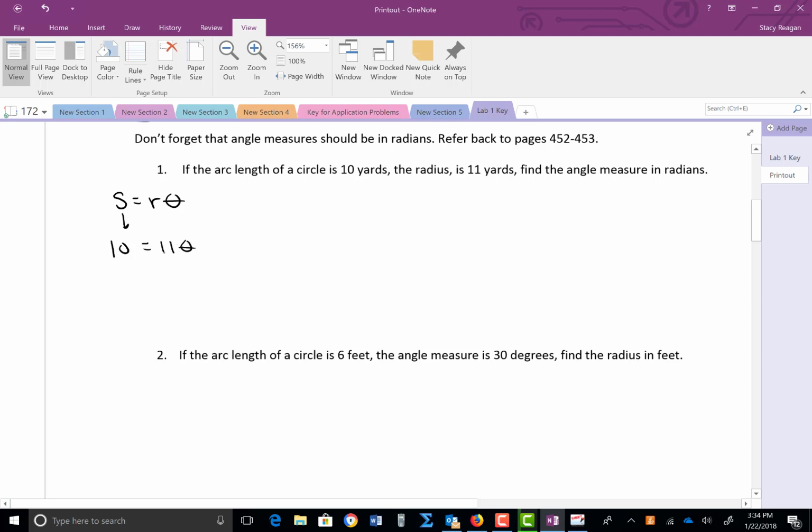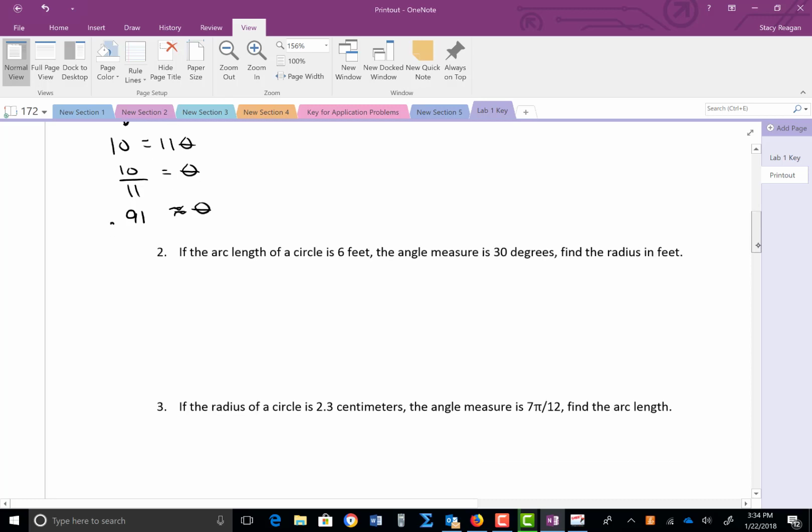And remember that in this formula, theta is in radians. So if I do a little bit of algebra and I round a little bit, I will get theta is roughly 0.91, and that is in radians. So that answer is in radians.